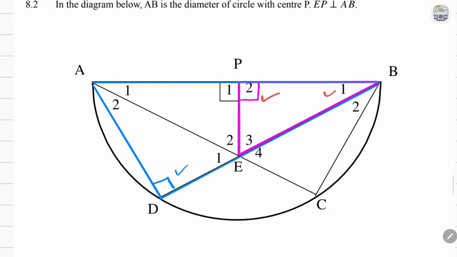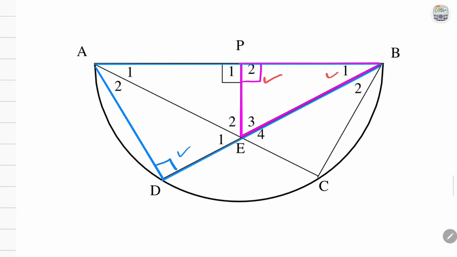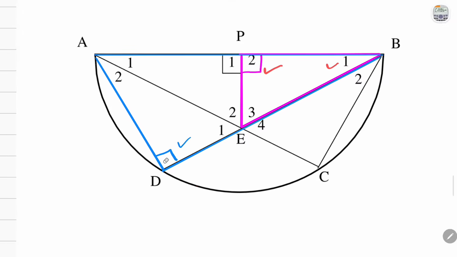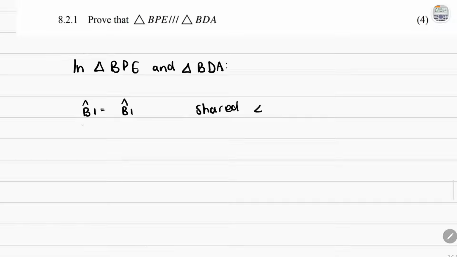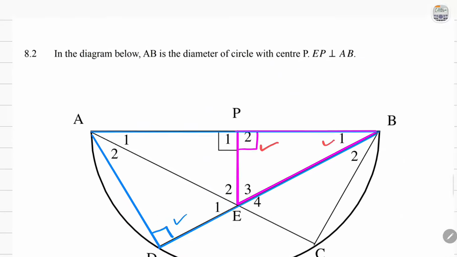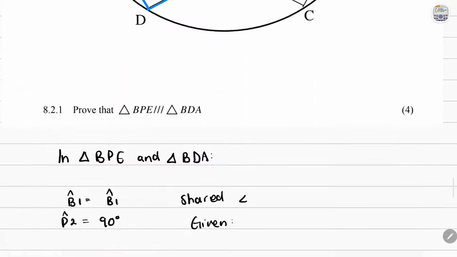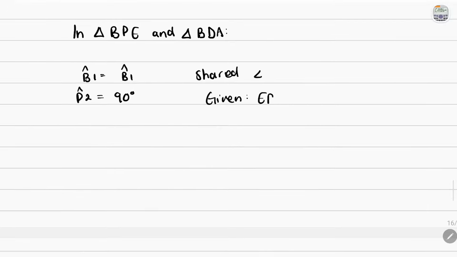And then what else is equal? We have these two. So angle P2 is already 90 degrees because they told us those two lines were perpendicular. And we can see that angle D is also 90 degrees. So let's start by telling them that angle P2 was equal to 90 degrees because this was given. We were initially given that EP is perpendicular to AB. So EP was perpendicular to AB.